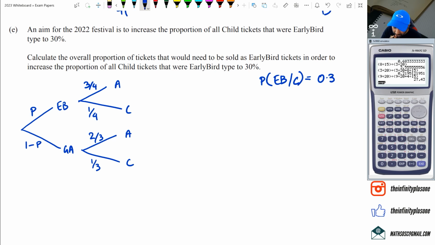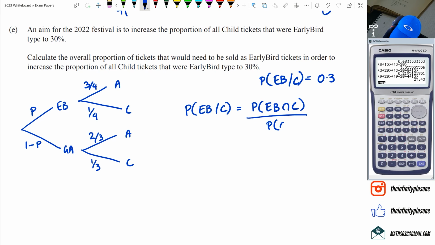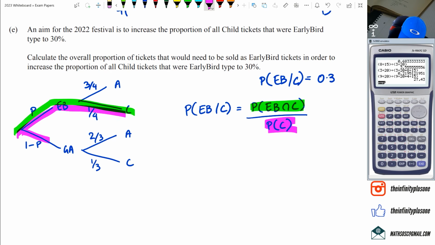So with that in mind, we're going to write this conditional probability out. The probability of EB given the child is the probability of EB intersect with C, divided by the probability of C. The probability of EB intersect with C is going to be that, and then the probability of C is going to be these two branches here.